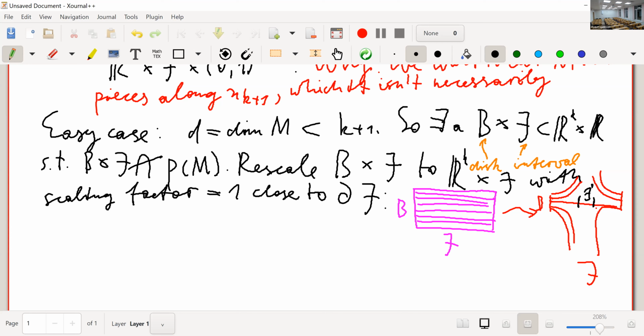And then we apply this map to M, or actually more precisely, we take the product of everything by the identity of R^{n-k-1}.